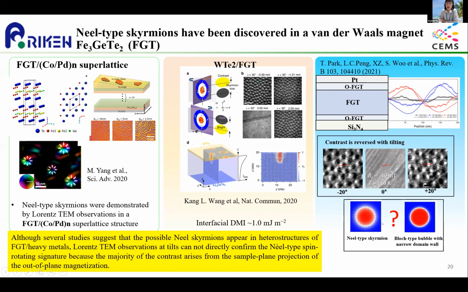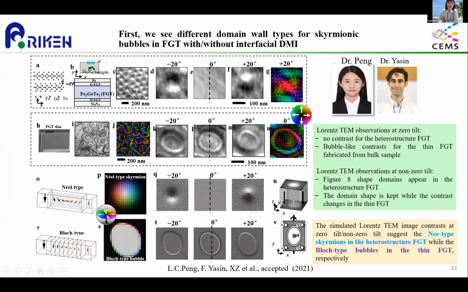Of course, the Néel-type skyrmion shows contrast with a tilt angle in Lorentz TEM. And we were eager to identify the Néel-type and Bloch-type skyrmionic bubbles in this system.